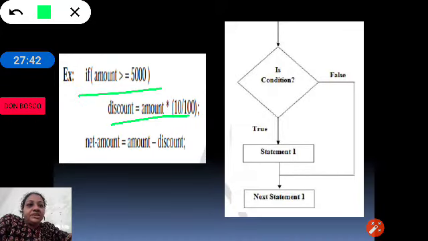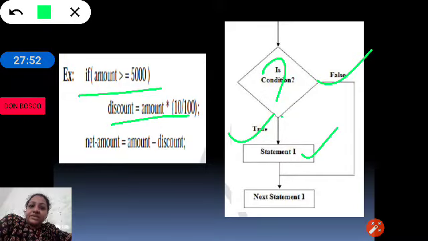So you can see here there is a condition. Condition can be true or it can be false. Only if the condition is true, the statement is executed. If the condition is false, there is no statement that is executed. So this is simple if statement.